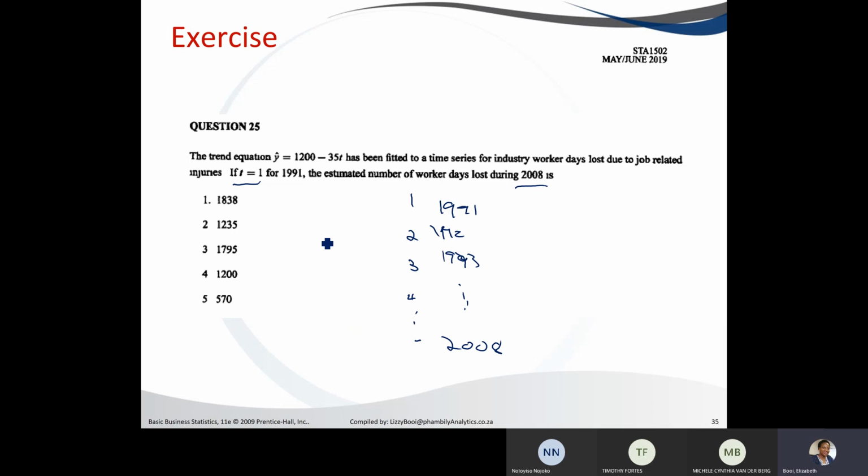And then once you find that t, this is our t and this is our year. Once you find that period in 2008, which will be 17 at this point, since we have our t as 17, we can just substitute into the formula. Y hat equals 1,200 minus 35 times 17.